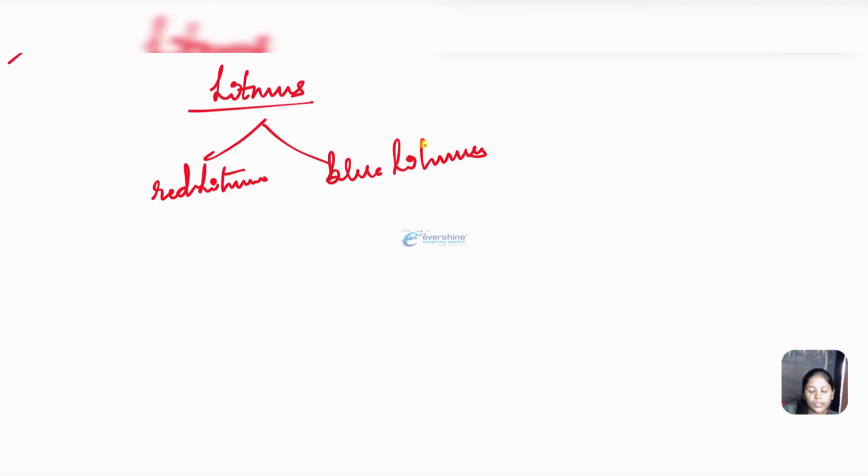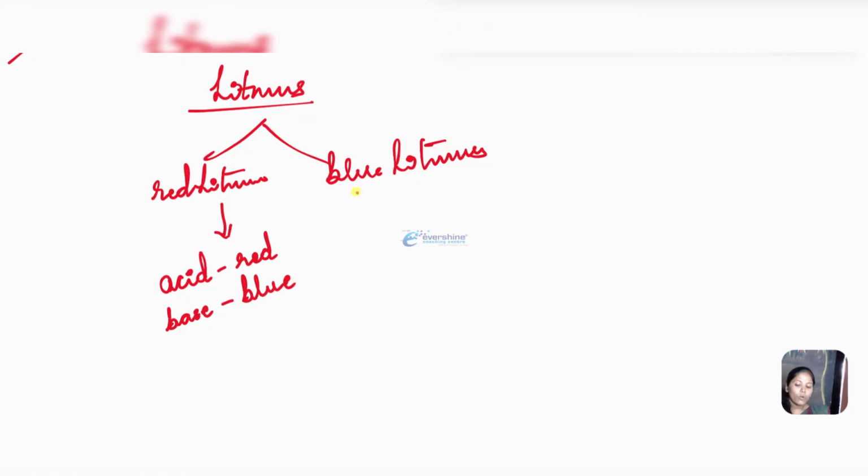What happens when we keep red litmus in acid? It will show red only. What happens when you keep red litmus in base? Red litmus changes into blue.